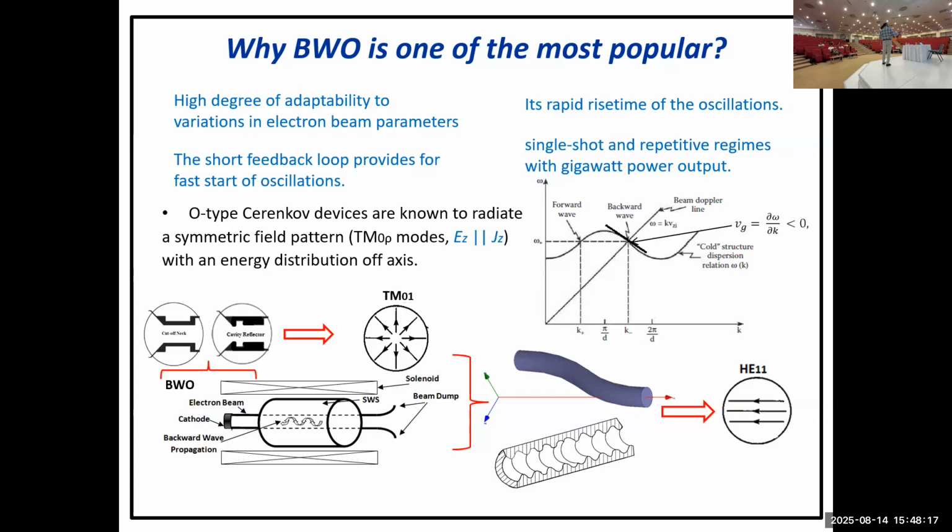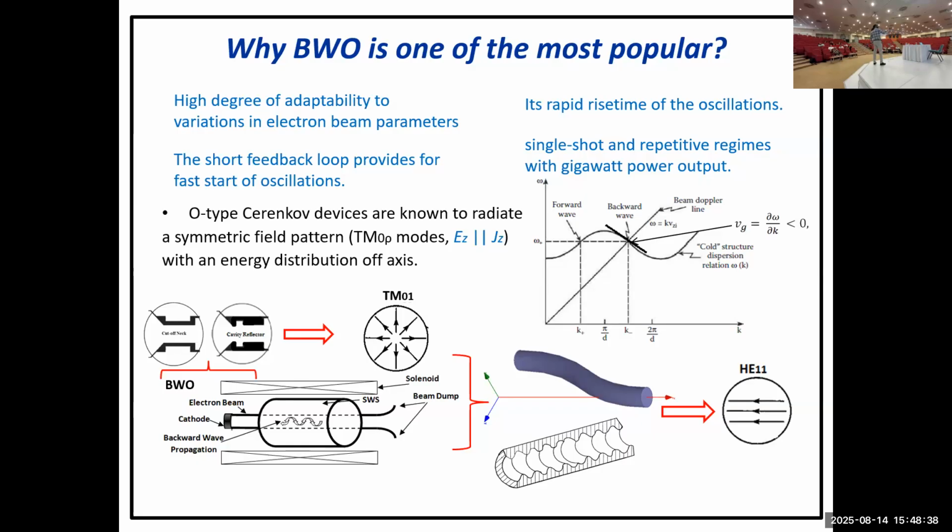So you stop your electron beam here, and you send your TM01 and receive it here as TE11 or Gaussian beam. Or by having serpentine mode converters, where you curve the walls. So basically you play with the geometry to get the Gaussian beam that you require.